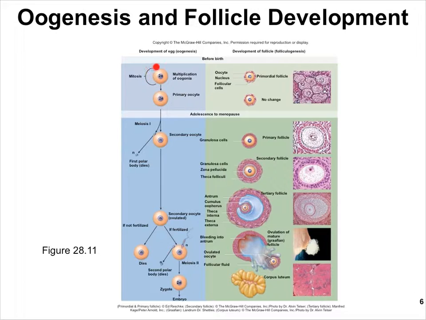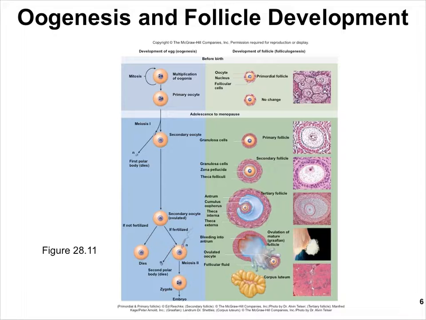These are diploid cells that replicate over and over again, undergoing lots and lots of mitosis, so that you have a large number of these cells. Before birth, these oogonia develop into what are called primary oocytes. These are primordial eggs, and they are still diploid. They have not yet undergone meiosis.